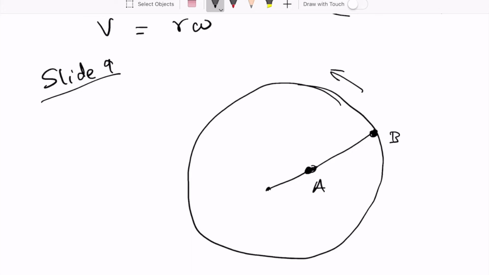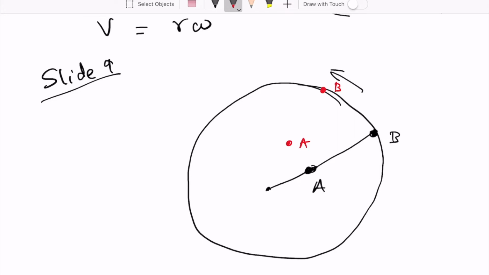Now, for the angular speed, you will notice that everything on this disk has exactly the same angular speed, because one moment later horse A is going to be over here and horse B is going to be over here. So they're rotating in exactly the same way. The angle that they're tracing out at the center is changing at the same rate for everything on this disk.